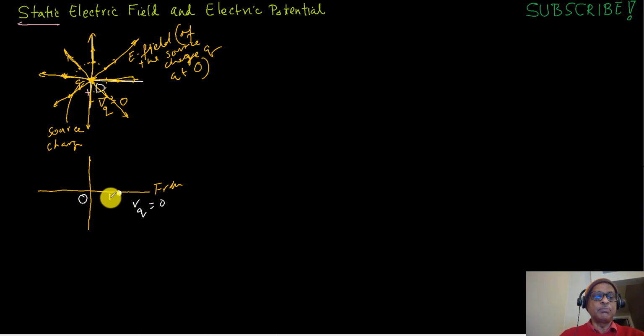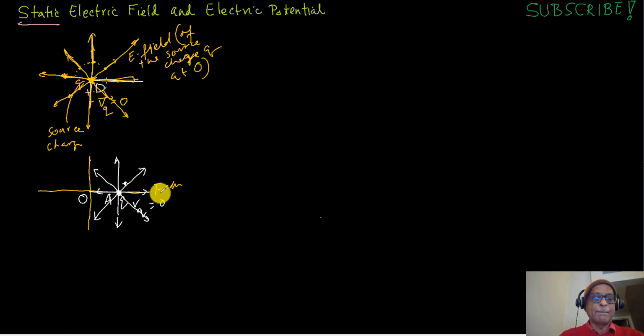It can be at some point A, and this is where the charge is located, and this is a positive charge. Then again it's going to be symmetric about this, just like before. It is not a matter of the charge being at the origin or not. The electric field lines go from the charge all around it.